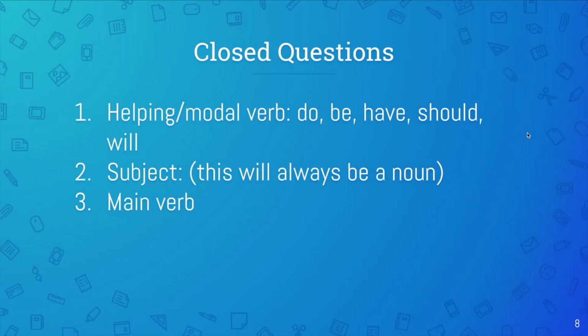Now let's talk about closed questions. This will be easy to learn because the word order for closed questions is the exact same. The only difference is that closed questions do not have a question word or a question phrase. Question words and phrases are only for the beginning of open questions.